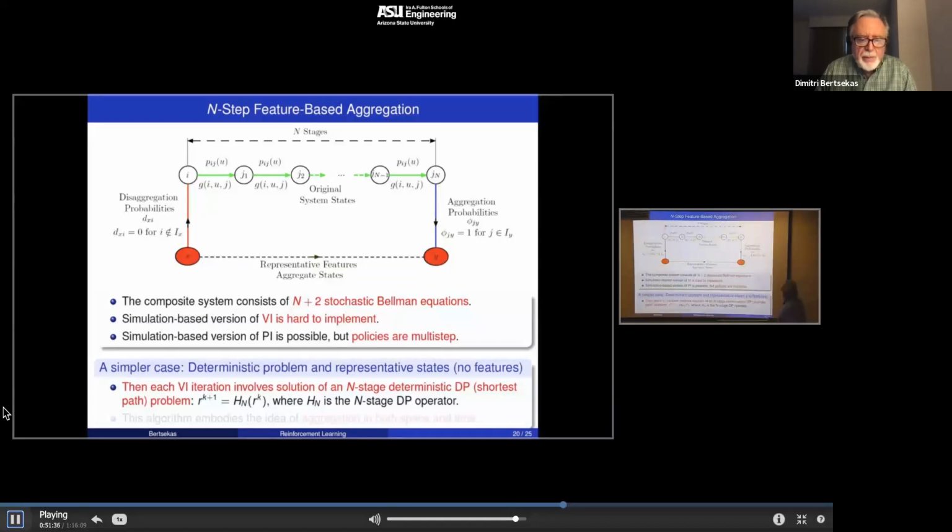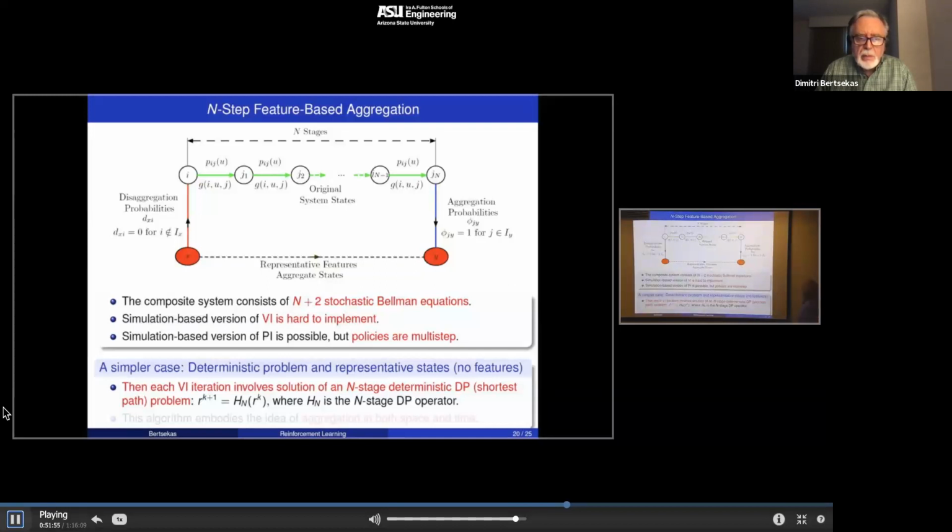Now value iteration involves the solution of an n-stage deterministic problem. There is a minimization across the stages, but this is deterministic. So that means a shortest path calculation over the n stages.